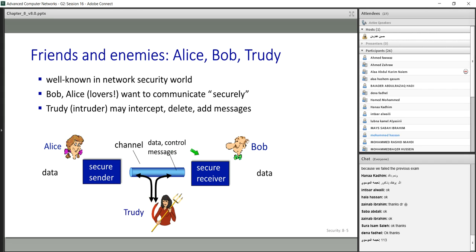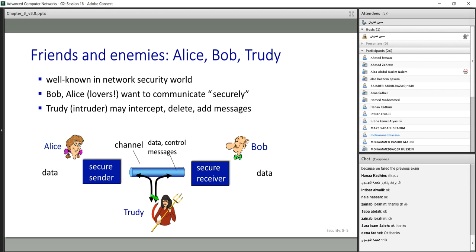If Alice and Bob send their information over an unsecure channel, Trudy can hear, Trudy can interrupt or alter the message and maybe hijack the station between Alice and Bob. If Trudy hijacked a station between Alice and Bob, then he can send some bad information, or something wrong, to Alice or Bob.